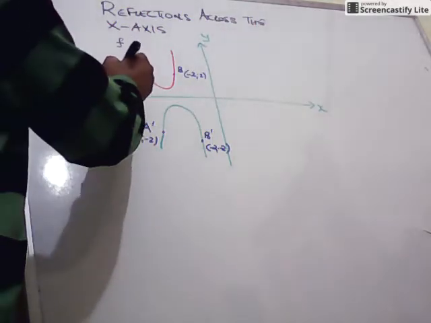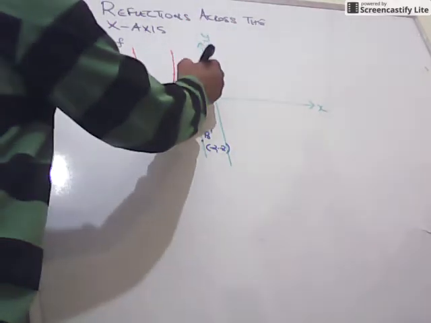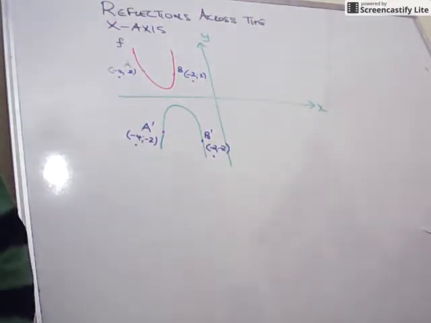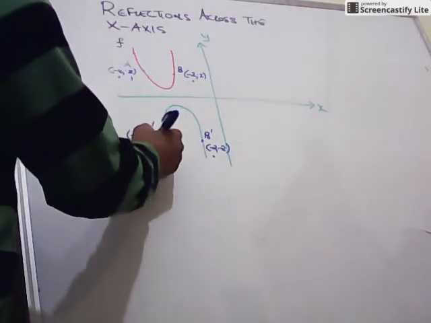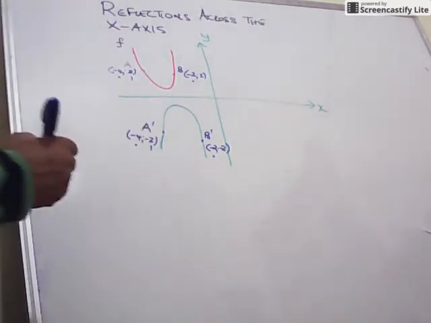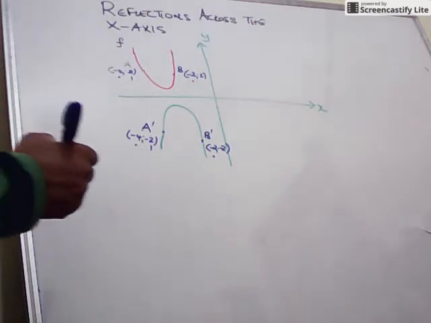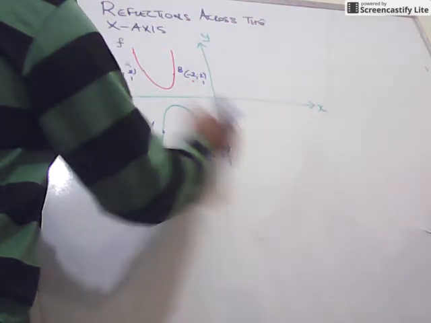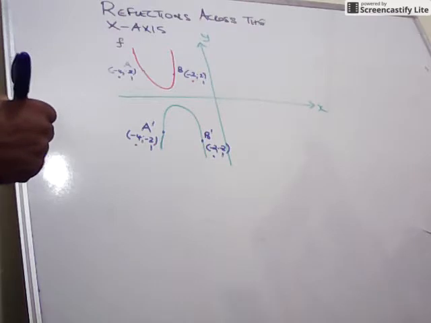Remember, as I said, my x-coordinates remain the same, but my y-coordinates on my reflection are opposite in sign to the y-coordinates of my function. And that is exactly what a reflection across the x-axis is.